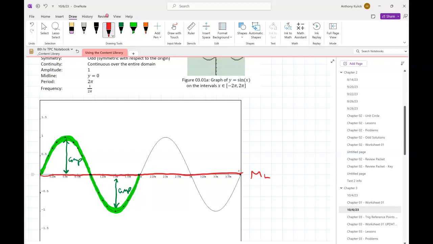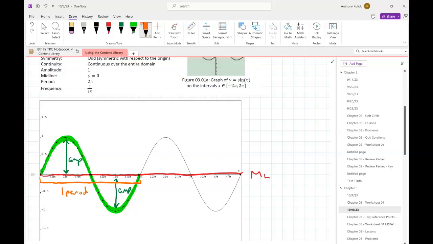So that's one cycle of my graph. The distance on the x-axis that it takes for one cycle is a period. So that horizontal distance that it takes to complete one cycle of my graph is a period.